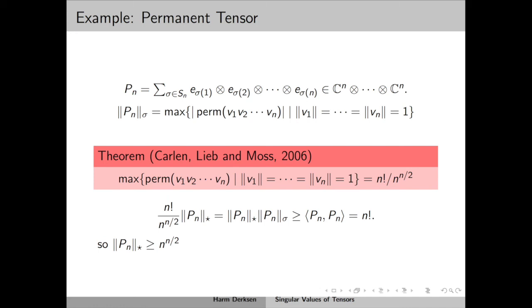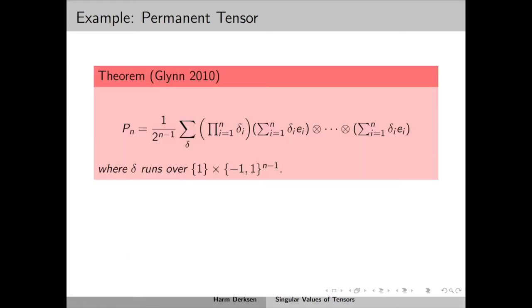So doing a similar calculation, it shows that the nuclear norm is at least n to the power n over 2, so we get a weaker lower bound for the nuclear norm of this permanent tensor. But actually there's an interesting formula by Glynn for the permanent tensor. Here's the formula.